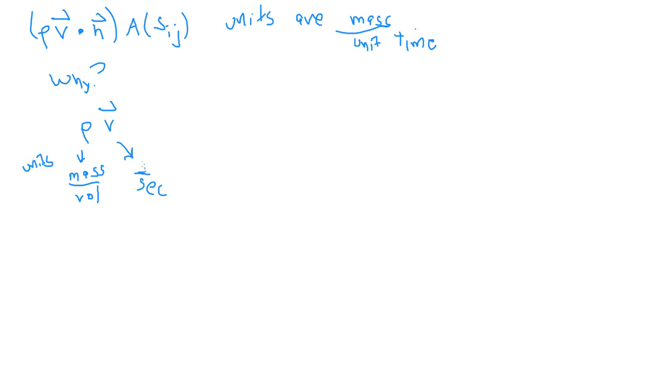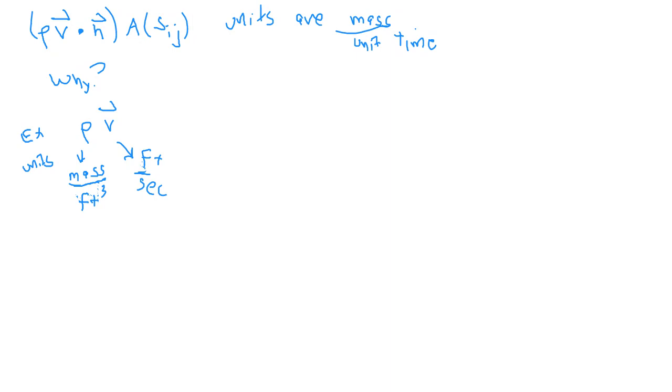This will be a little easier. I just want to help you get a feel for what they're talking about here. Let's say density is mass per cubic foot, and the velocity is in feet per second.